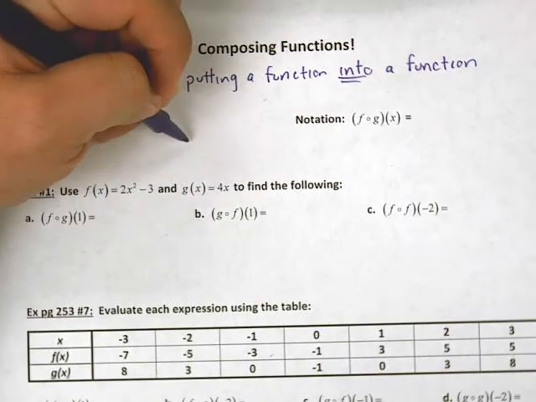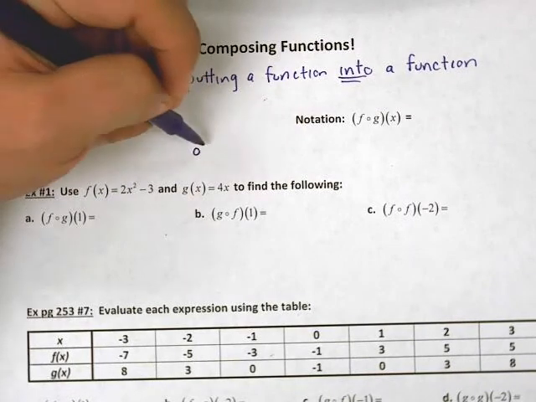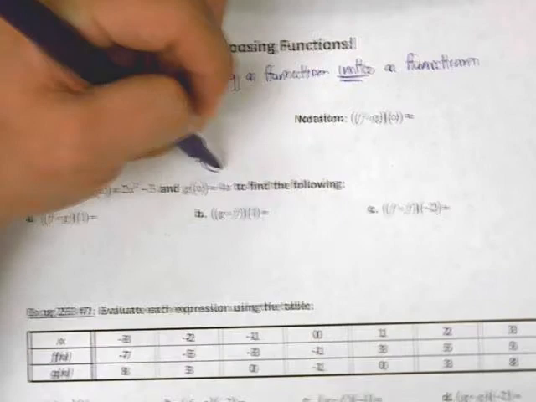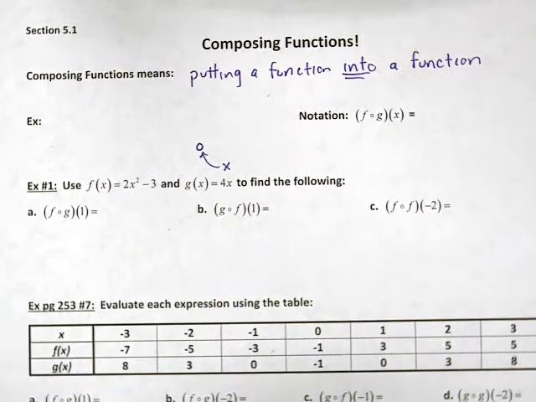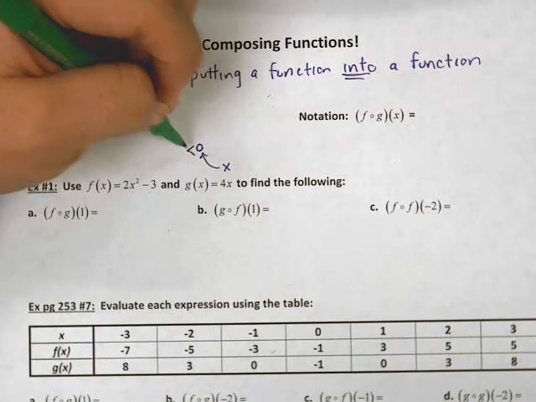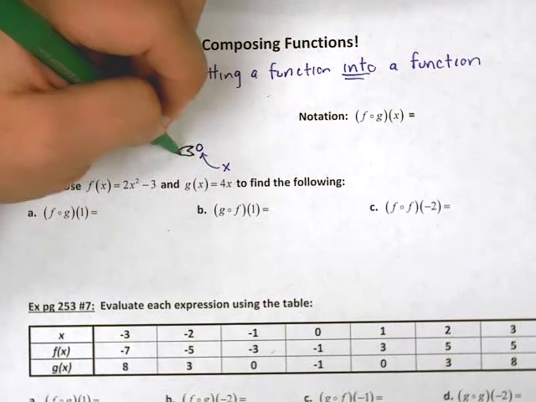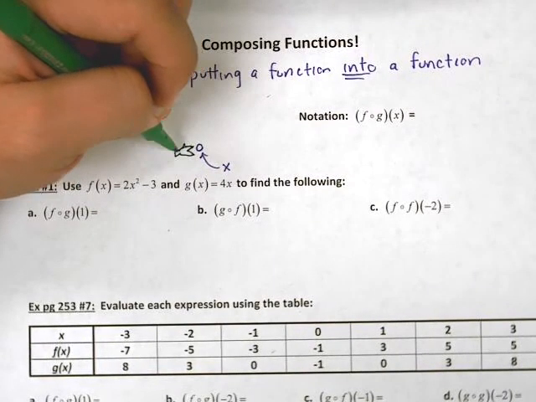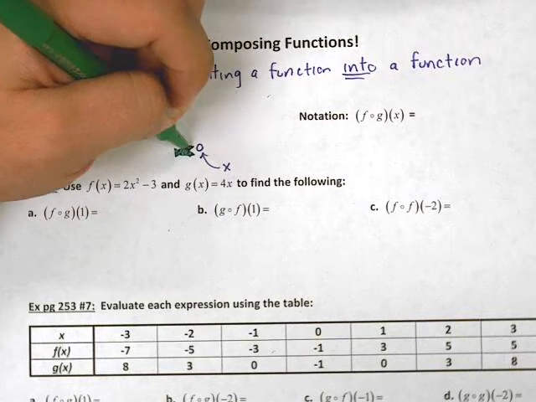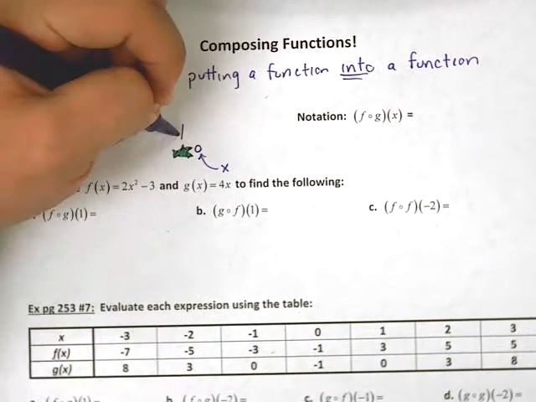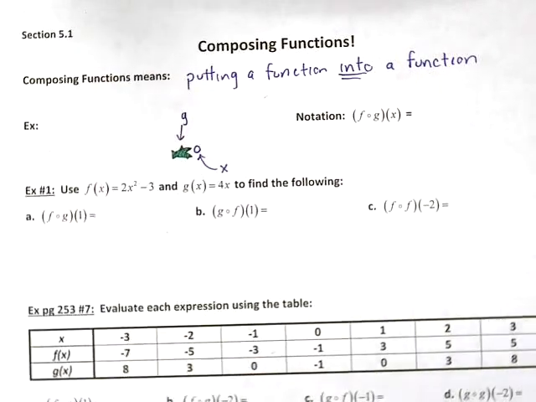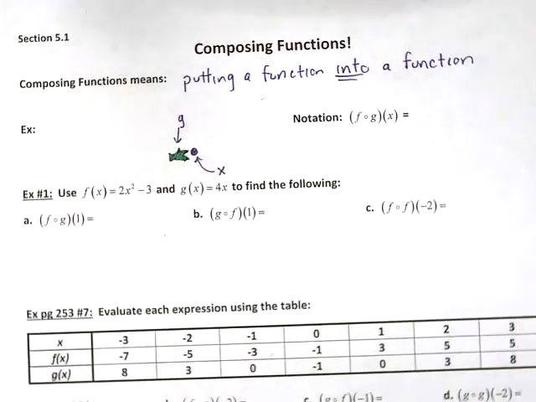So just imagine you have some piece of food here and we're going to call that X. Okay? And what's going to happen? Well, some little fishy is going to come by, named G, and he is going to eat that piece of food.